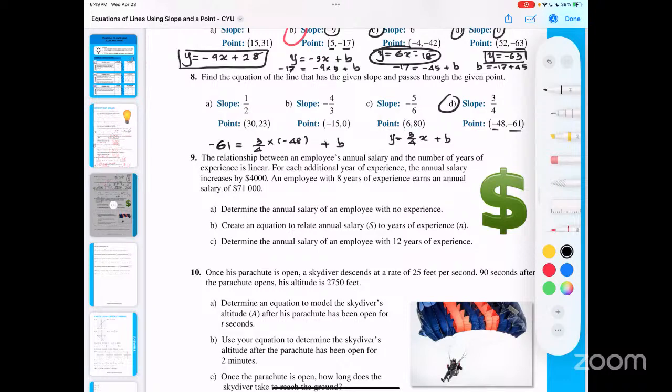This is grade 8 skills. 3 over 4 times negative 48 is negative 36. So you have negative 61 equals negative 36 plus b. To find b, move the 36 to the other side: negative 61 plus 36, which is negative 25. Therefore, the equation is y equals 3/4 x minus 25.